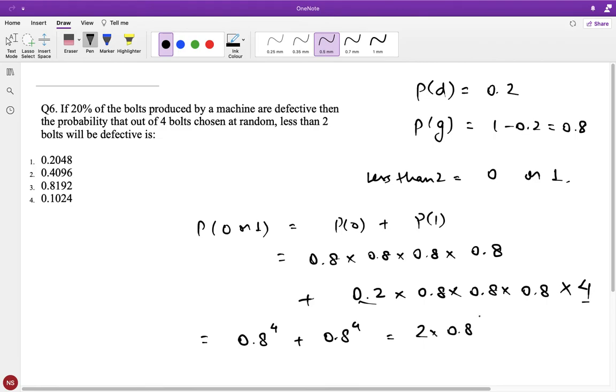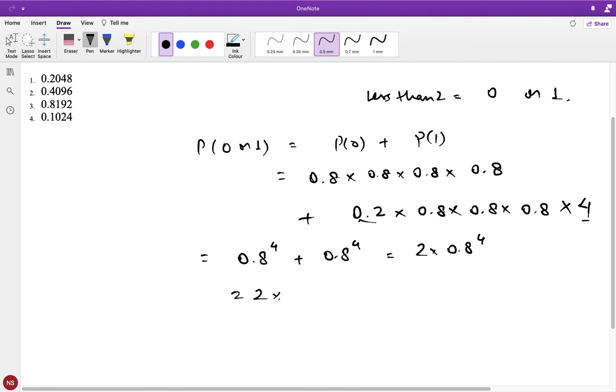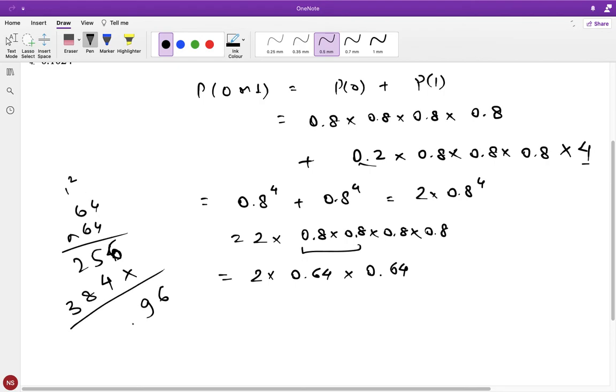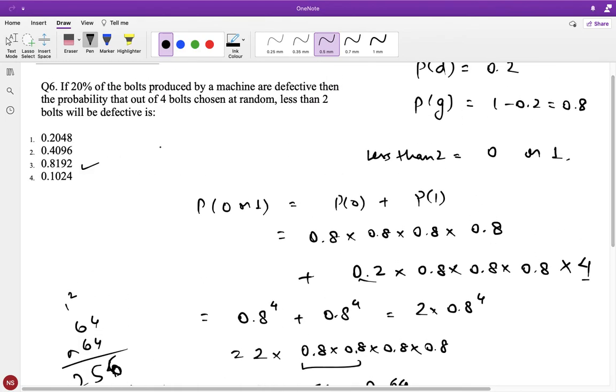So 2 into 0.8 raised to the power 4, or 2 into 0.8 into 0.8 into 0.8 into 0.8. 8 times 8 is 64. 64 times 64 is 4096. So 0.4096. 2 into 0.4096 is 0.8192. There you go.